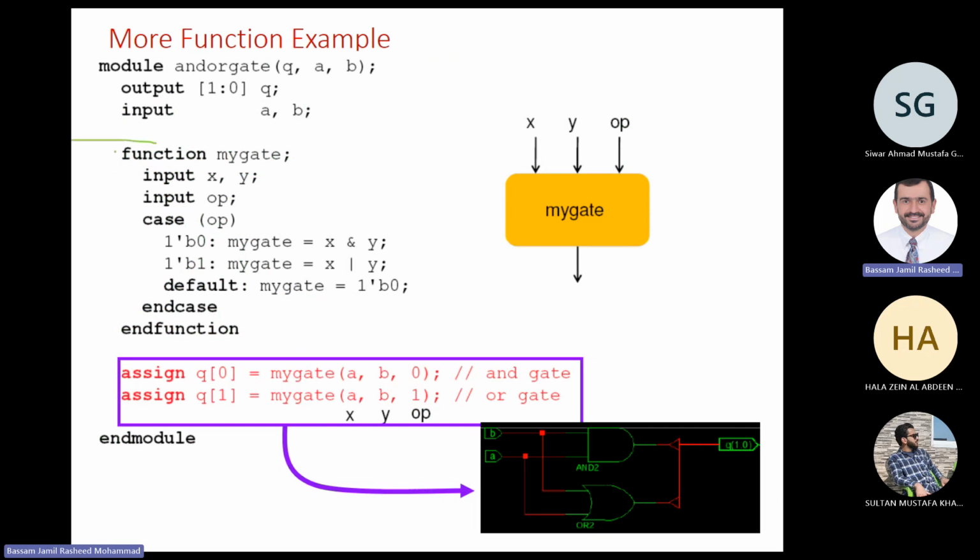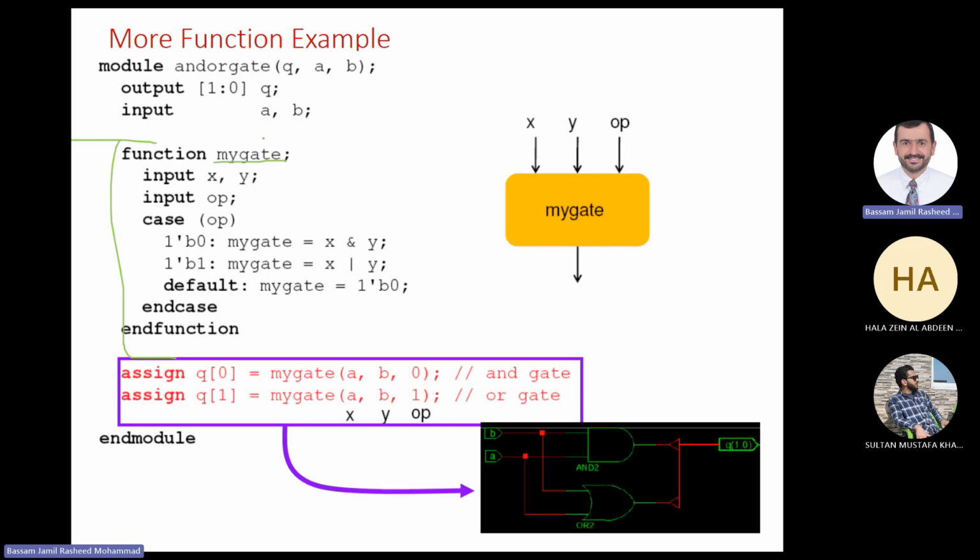So we are implementing a function here, my gate. This gate is based on this value here, the op. This gate can be an AND gate or an OR gate based on the value of the op. So I created a gate that can be an AND or an OR gate.